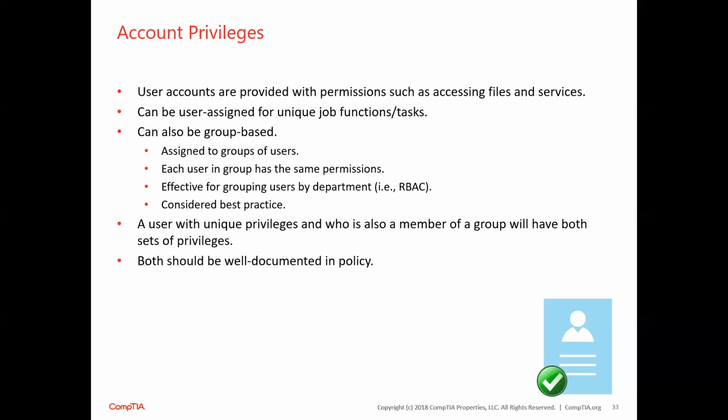So for example, if a user has permission to access a folder or a file, let's say file A, and you also assign permission to the group to access file A, the user will have a combination of privileges assigned to him or her as an individual, as well as the group. And both should be well documented in a policy.